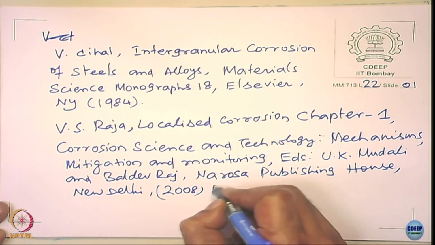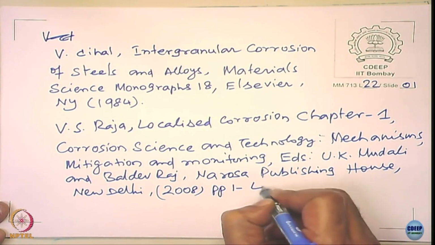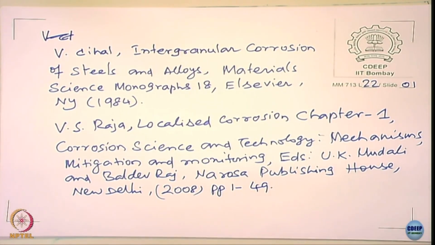The pages are 1 to 49. Actually, in this book, you will also have a detailed discussion about the other localized forms of corrosion, that includes pitting, crevice corrosion, selective leaching, etc. You can refer to that as well.